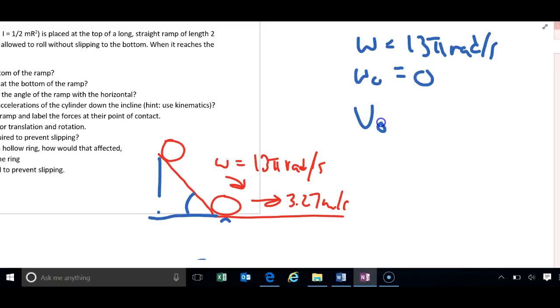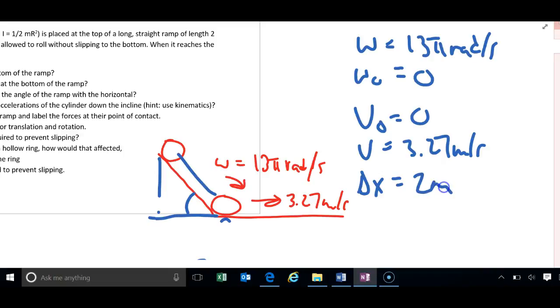Well, linear, I know the initial velocity is 0. The final velocity is 3.27 meters per second. And I know the change in x, or the length down the ramp, was 2 meters. Based off of these variables, I should be able to solve for acceleration.